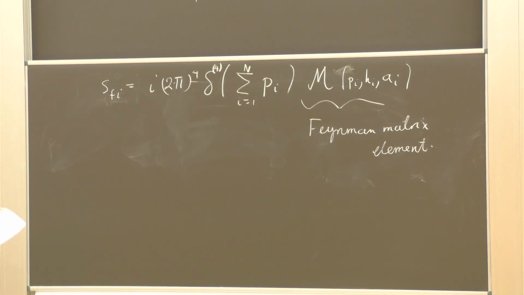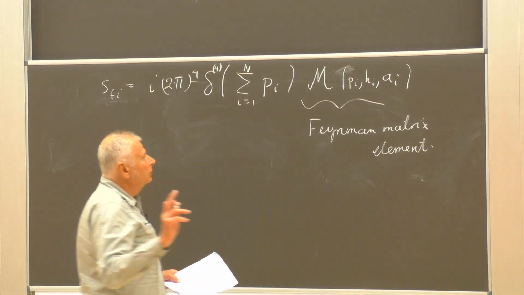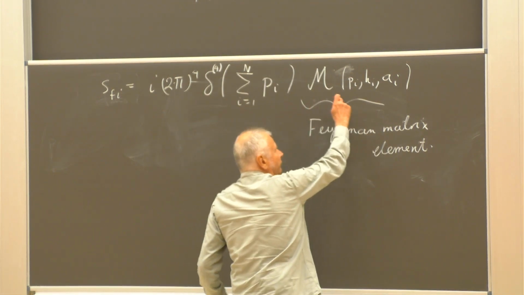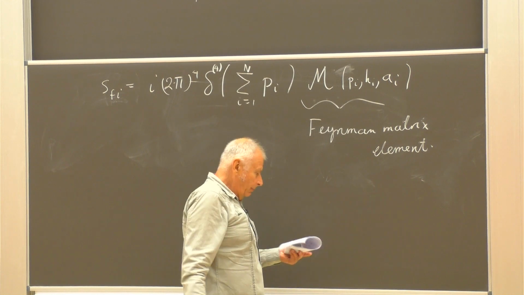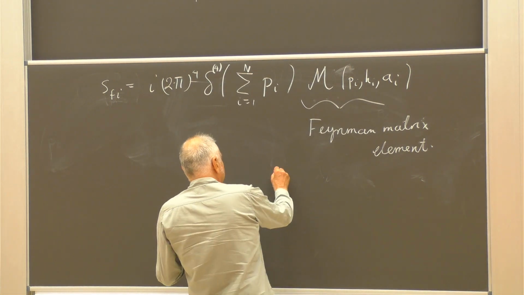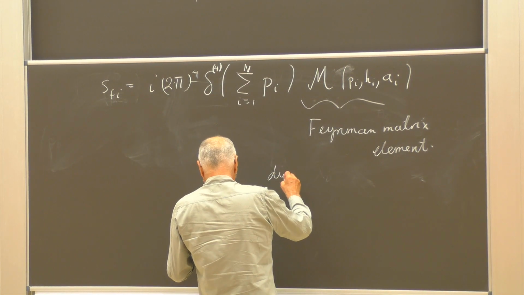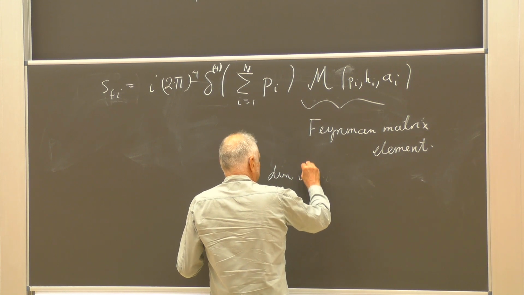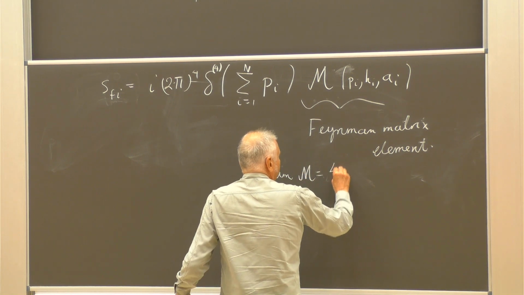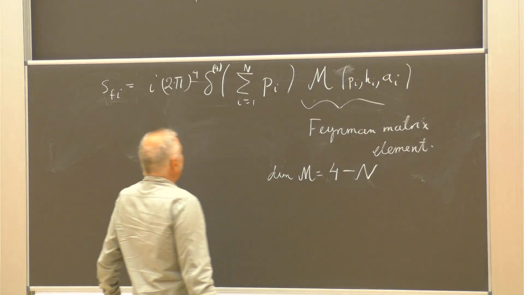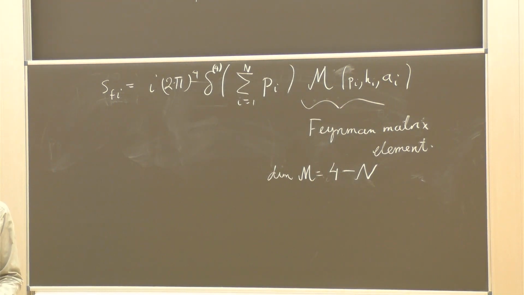Now, what is important also is to know what the dimension of this Feynman matrix element is. That's easy to check: the dimension is 4 minus n, where n is, of course, the number of external particles.